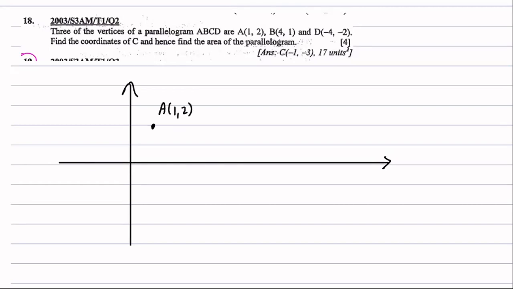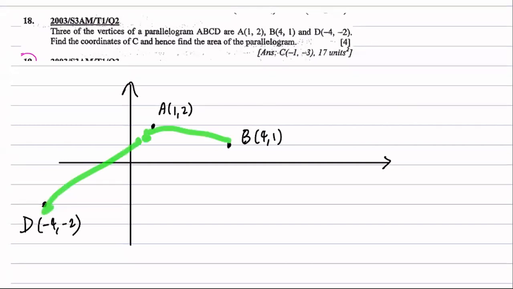1, 2, 4, 1, maybe somewhere here. Negative 4, negative 2, so maybe somewhere a bit lower, maybe here. Then where is my, oh sorry, that's a D. So where is my point C? Must be somewhere here, right?